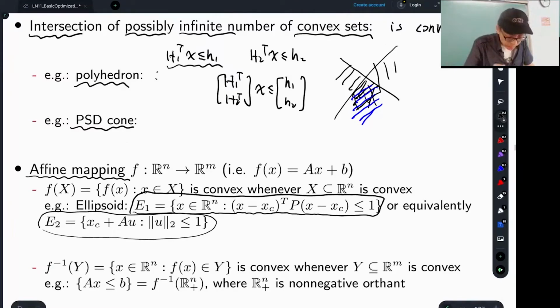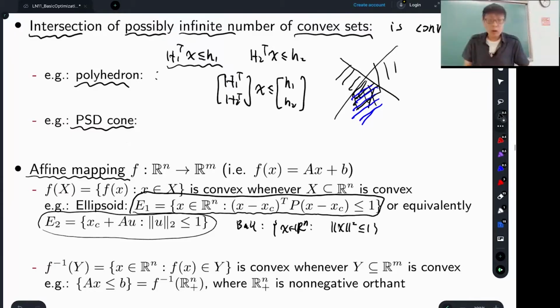That's two different ways to represent the same ellipsoid: the center plus some kind of linear mapping of a ball. So let's say a ball, as I mentioned before, is x belonging to R^n with norm of x squared less than 1. That's a unit ball.